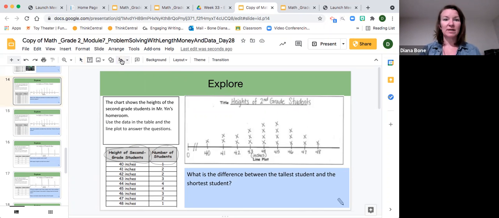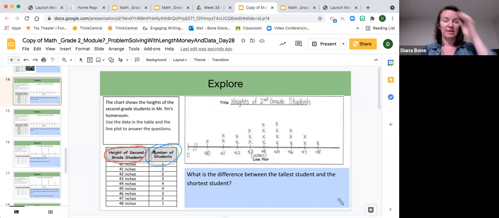I'm going to annotate and color code this a little bit to help it pop out. The height of second grade students is on this line plot, but also the number of students is being displayed.